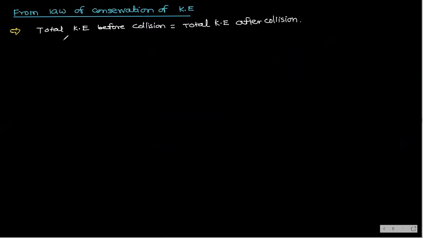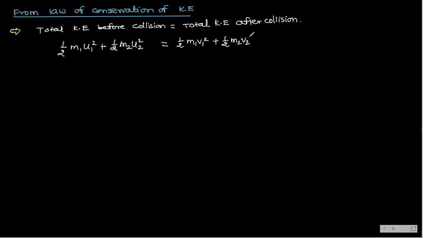So let's write that: half m1 u1 square plus half m2 u2 square is equal to half m1 v1 square plus half m2 v2 square. Right or wrong?